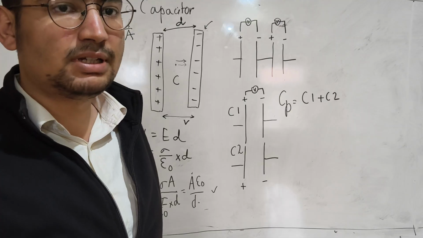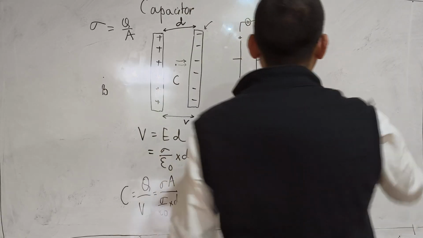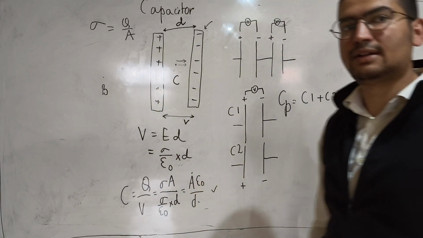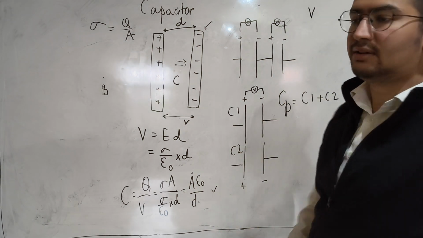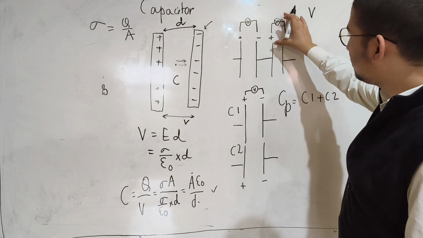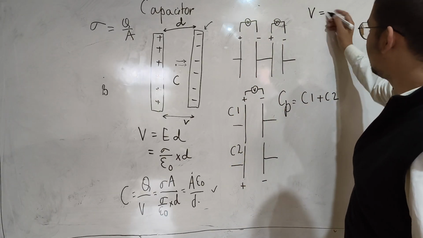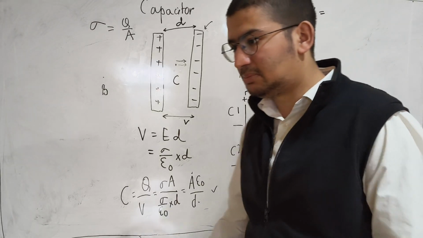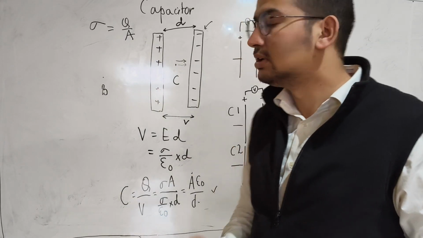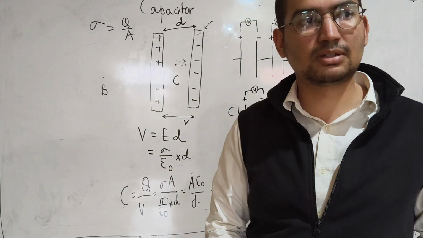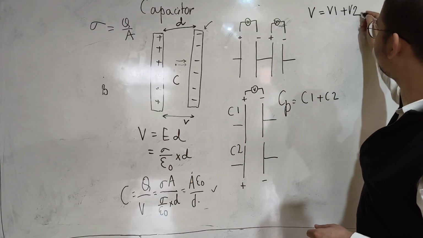But the sum of the potential differences will be equal to the EMF of the cell. If these two capacitors are connected to a cell having EMF V, with no internal resistance, then we can equate the potential differences of these capacitors to V, because the potential difference of the cell got divided into these two potential differences. So V is equal to V1 plus V2.